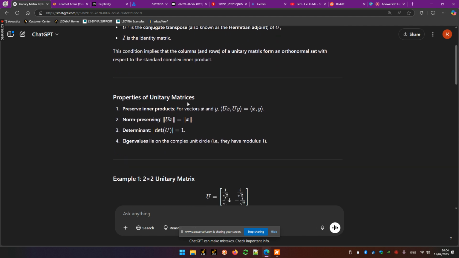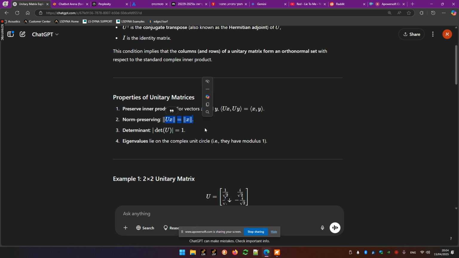Now we have properties of unitary matrices. It preserves the inner product of vectors. It means that if I take the inner product of the unitary matrix times a vector with another vector times the unitary matrix, it's like taking the inner product between the two vectors without the unitary matrix.